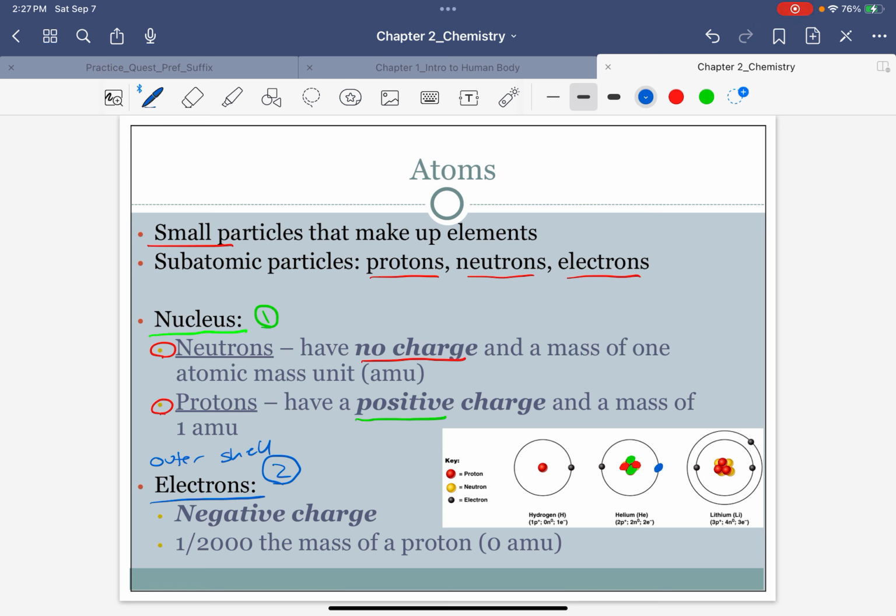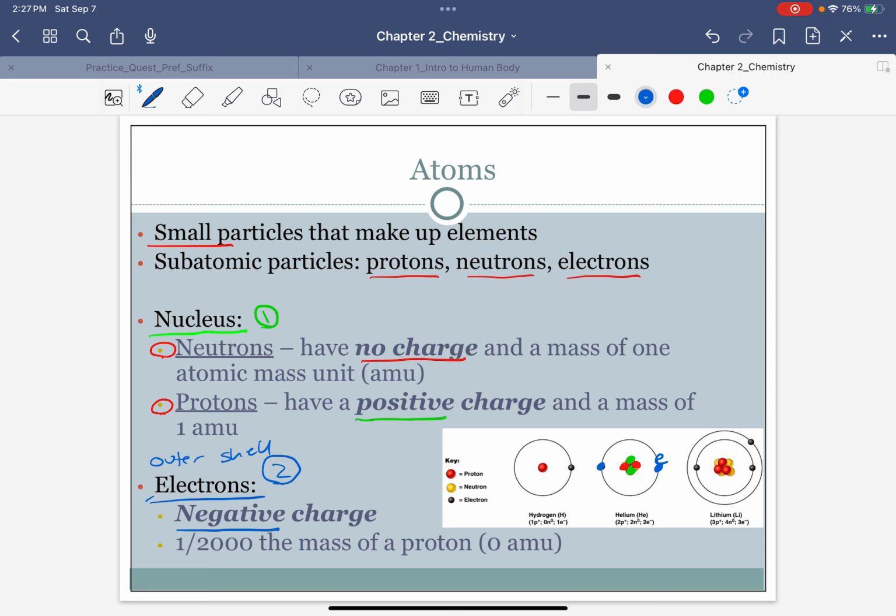I'm going to circle them in as blue. These are our electrons. So electrons are located in the electron shells, and they have a negative charge.